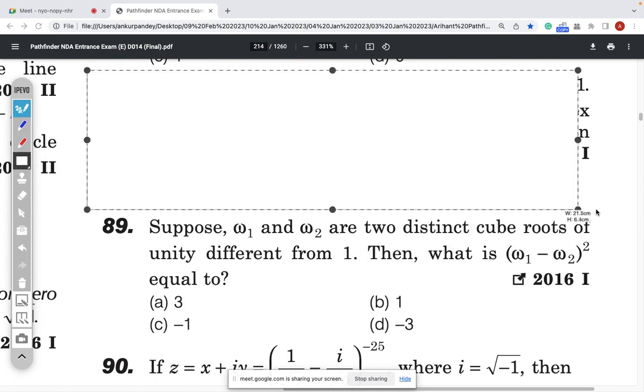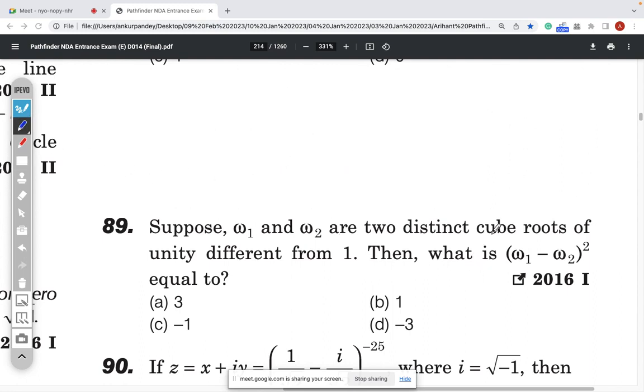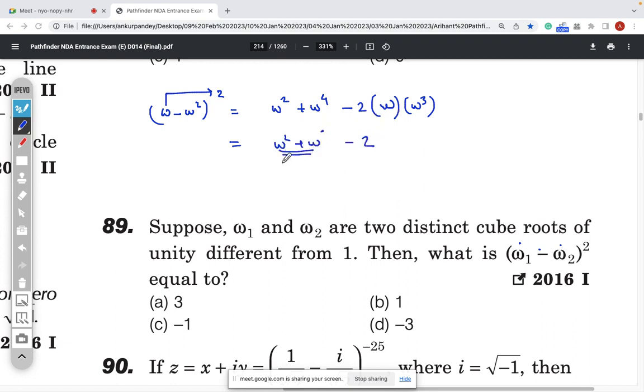Chalo, 89. So no. Guys, awake. Yes or no?